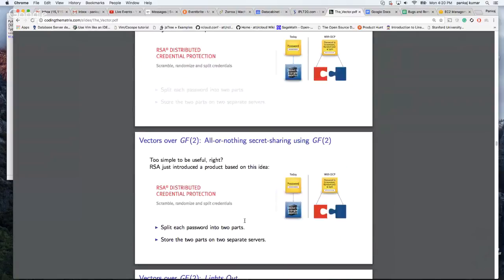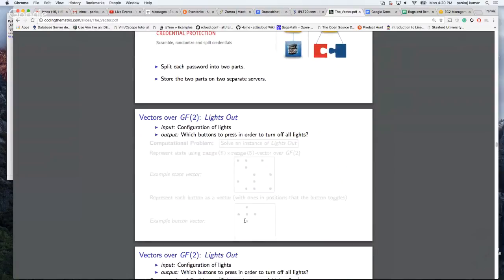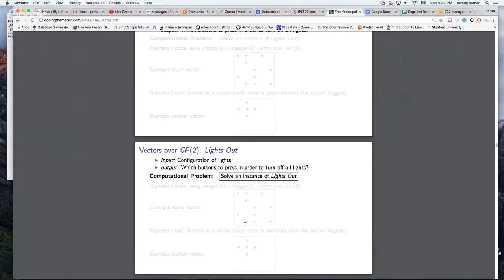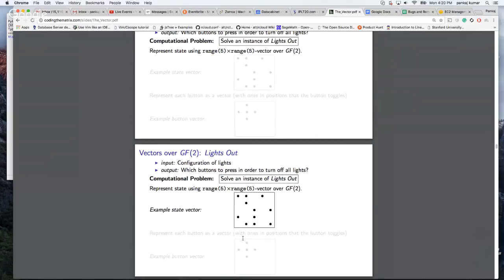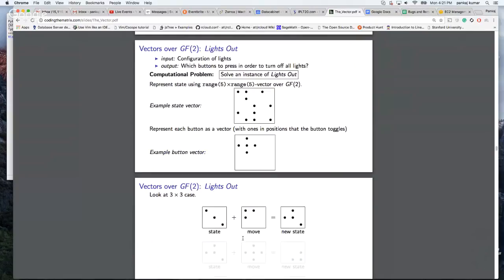RSA just introduced the product, something like this. So Lights Out, I was explaining, is a cool example. In Lights Out, this is a touchpad where you have a number of keys. Some of them are on, some of them are off.